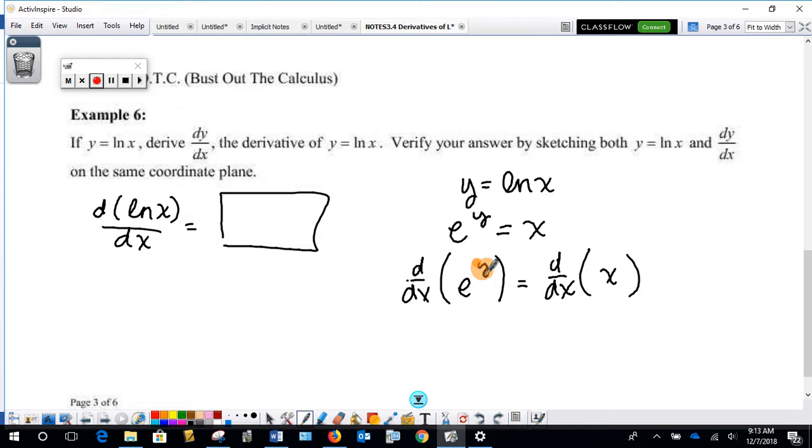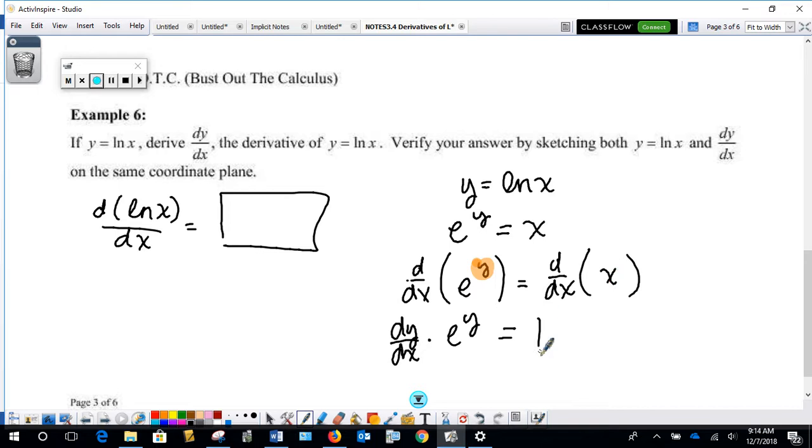What's the derivative of y? I don't like y prime. What do we call it? dy dx. So the derivative of the inside is dy dx. And then the derivative of the outside, what is the derivative of an e? Itself, right? So e to the y times dy dx equals, now what's the derivative of x? 1.